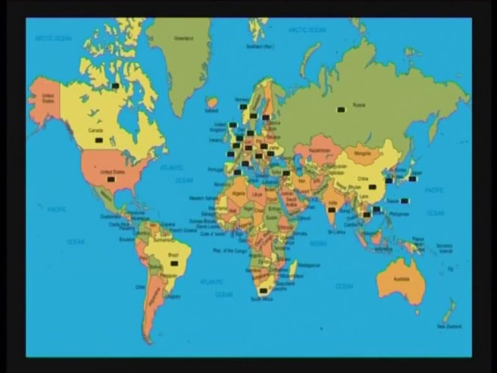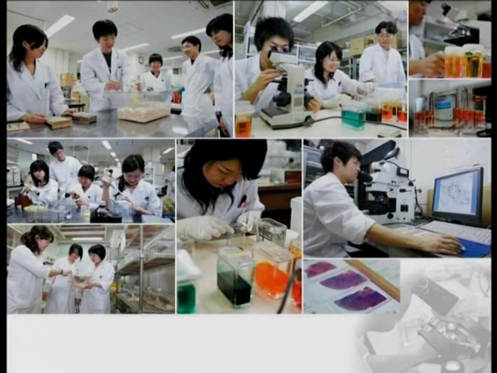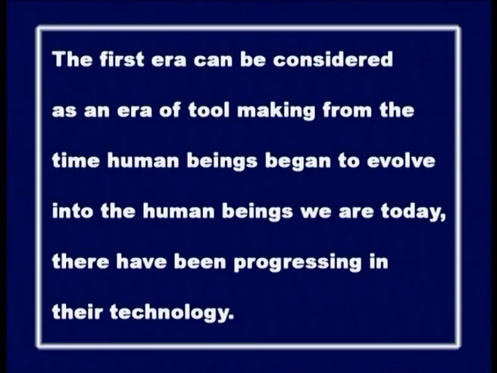If you look at the history, we may divide the history of human population growth into 3 technological eras. The first era can be considered an era of tool making, from the time human beings began to evolve into the human beings we are today.